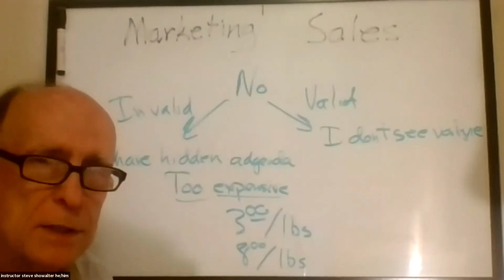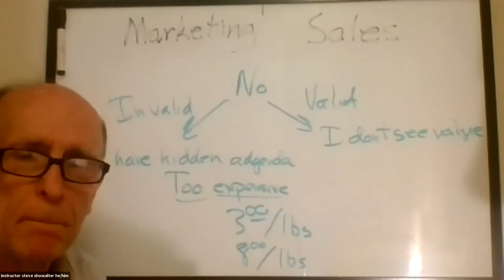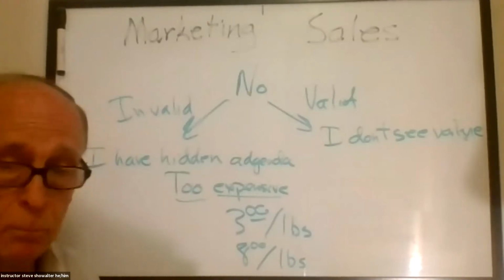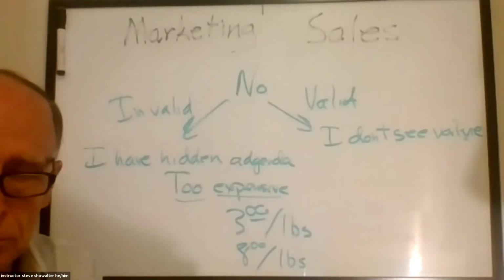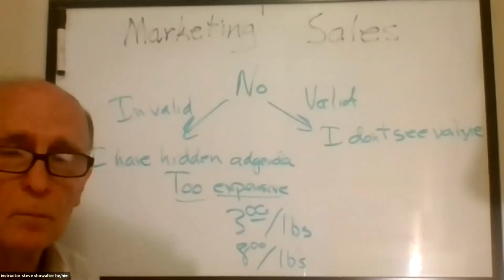Does that help, Alexis? Oh my gosh, that's such an amazing explanation of getting to that next step and reframing the question, like go deeper than it's too expensive. Yeah, absolutely.